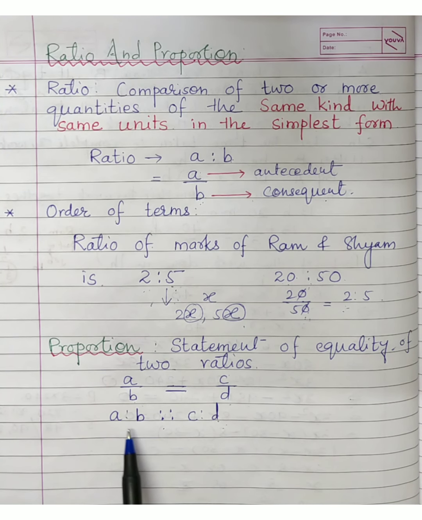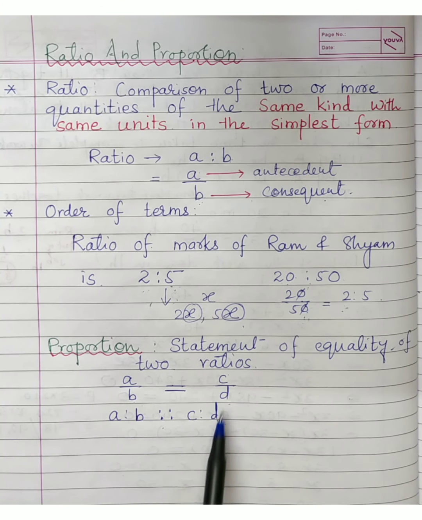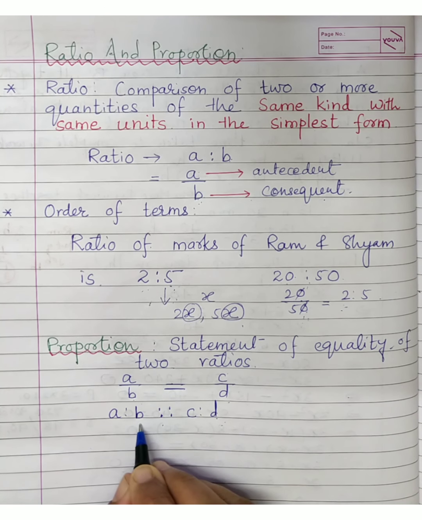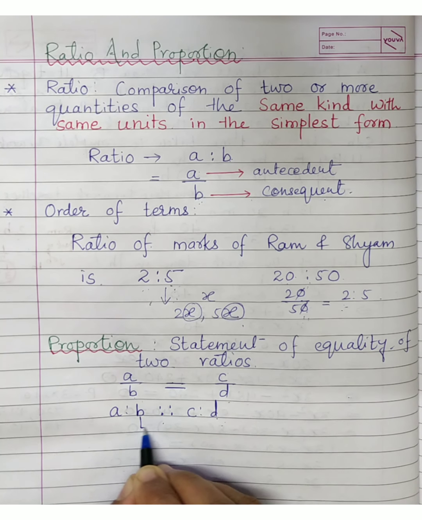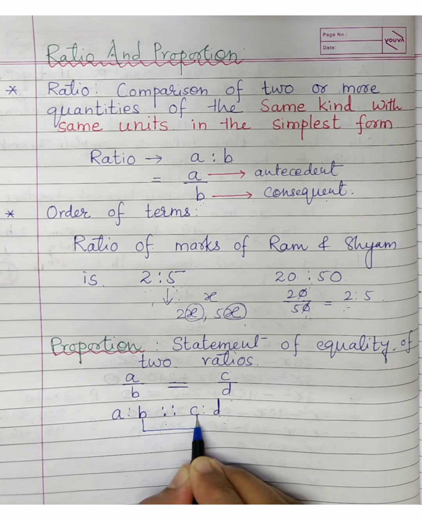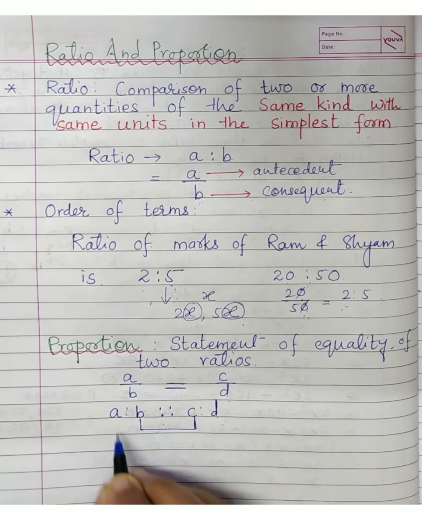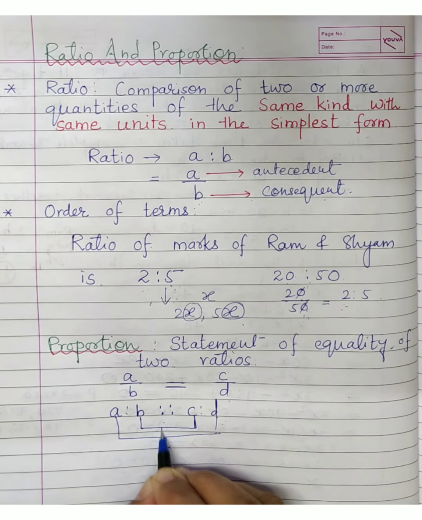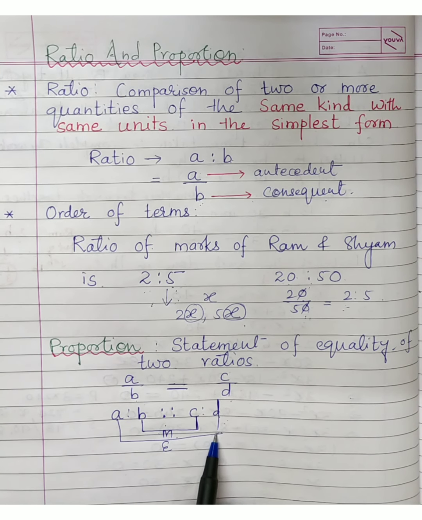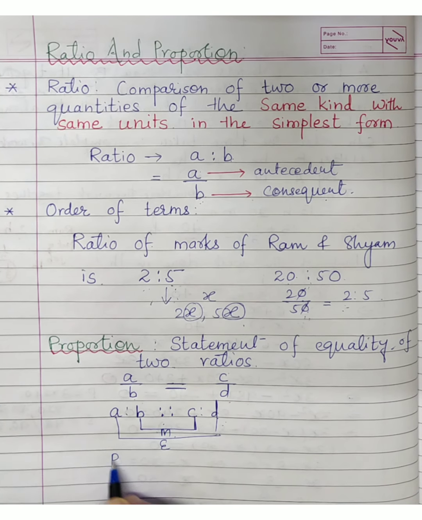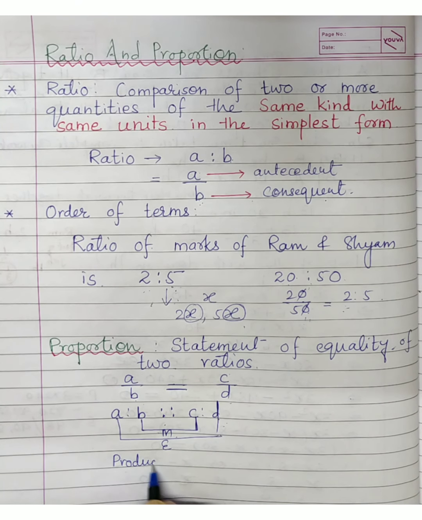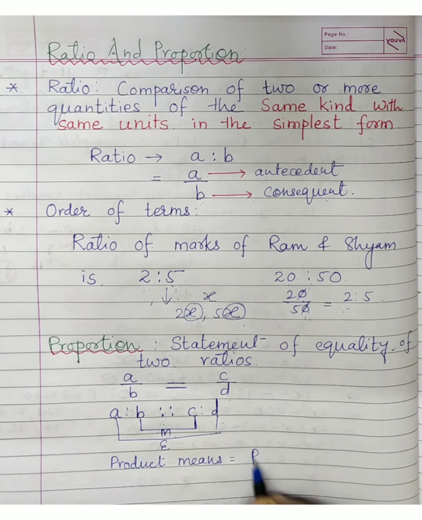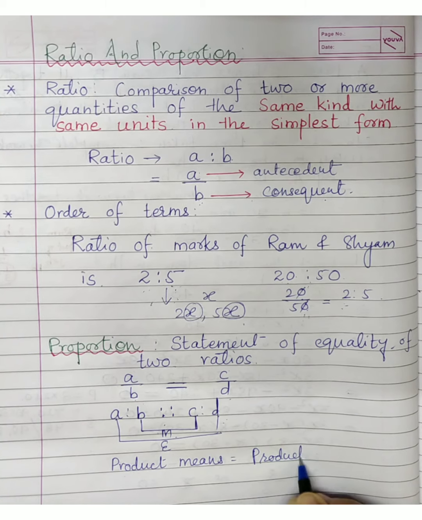Here A, B, C, D are all the four terms of this proportion. D is the fourth proportional here. And also you must have studied this: these two terms B and C are known as what? Means. And A and D are known as which terms? Extremes. Okay. These are the mean terms and these are the extreme terms. And also you have studied this, that the product of means is equal to the product of extremes.